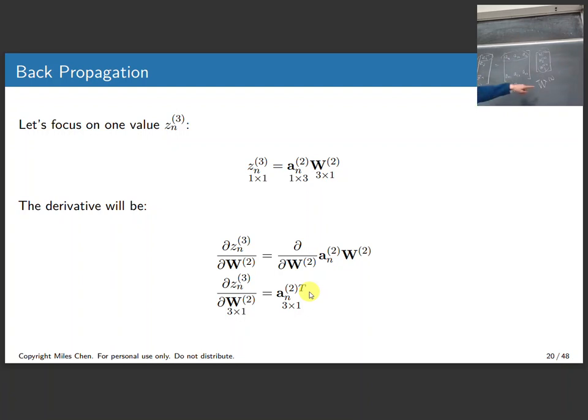We take this and transpose it there. Does that make sense? This is just the gradient relations. So that's how Zn3 changes with respect to W2.